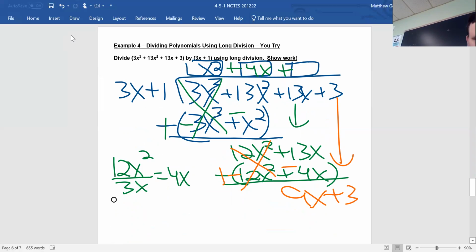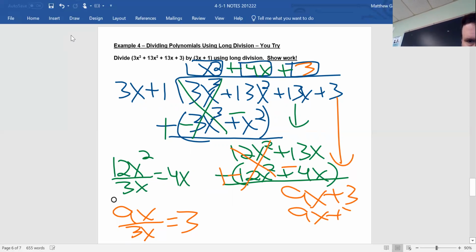And now we say, well, what's 9x divided by 3x? We think about it, and the answer, of course, is 3. The x's cancel, and 9 divided by 3 is 3. To distribute the 3, 3 times 3x is 9x. 3 times 1 is 3. Subtract vertically.